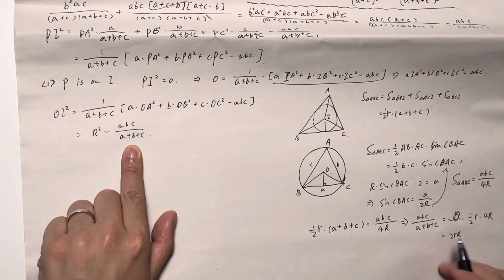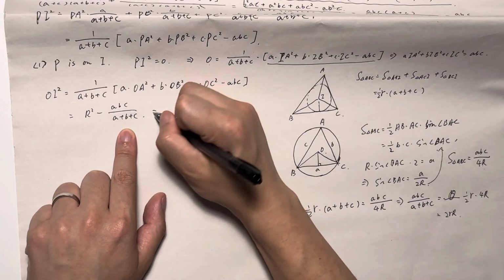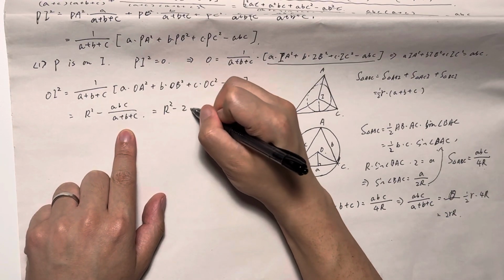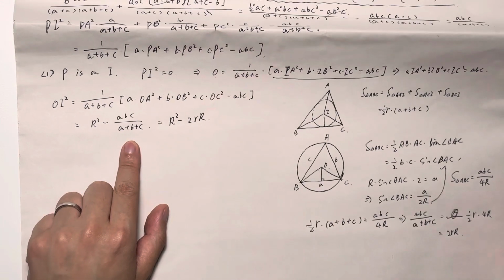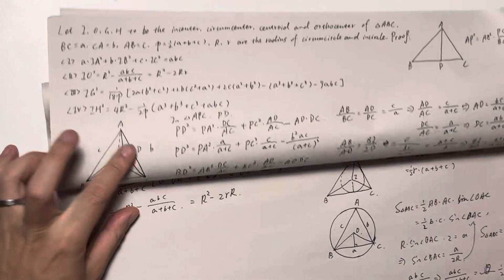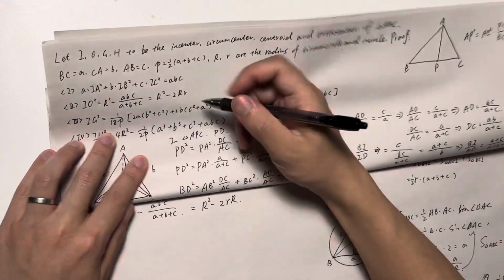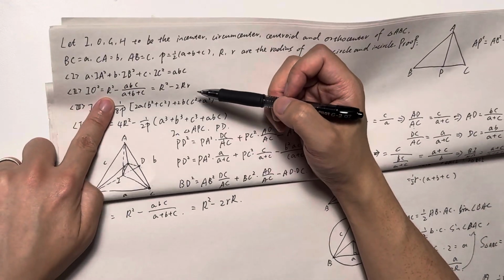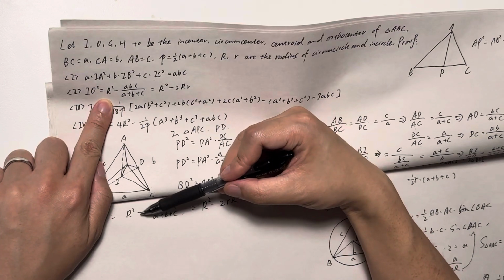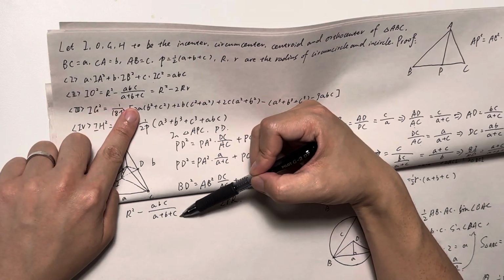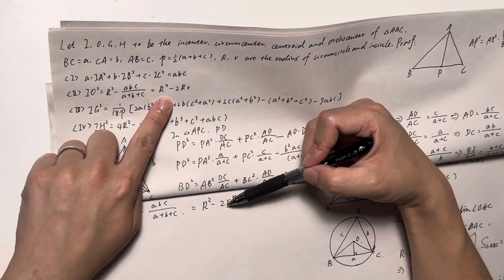Which means what we have here can be rewritten as R squared minus 2Rr. Okay, and just look at the problem. We want to prove that IO squared equals R squared minus abc divided by a plus b plus c, R squared minus 2Rr.